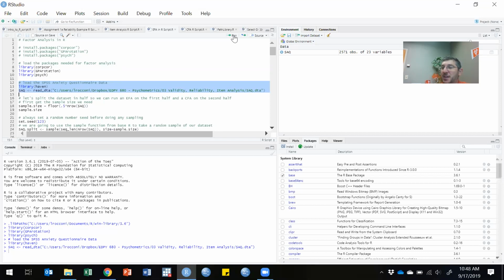In psychometrics, we think of factor analysis as one way to help establish the validity of our instrument or test. So if our instrument is supposed to measure one construct, then all the variables should be highly correlated with each other.